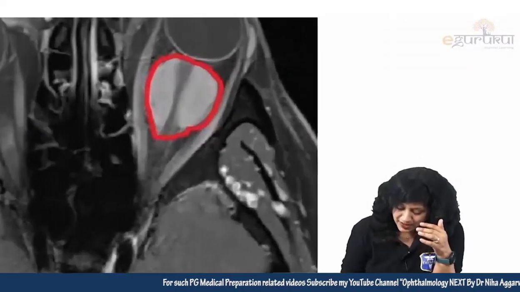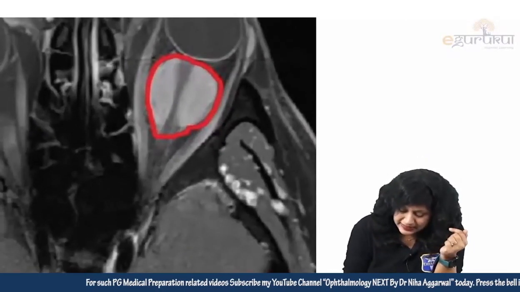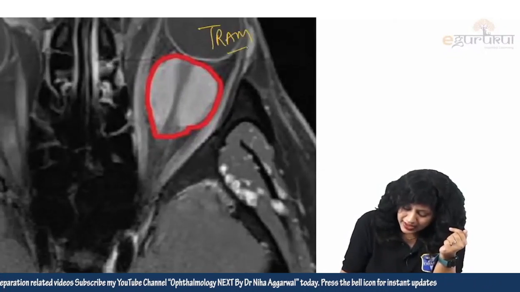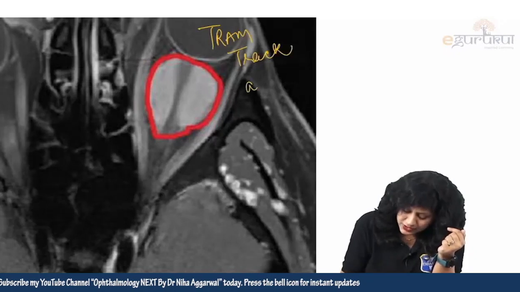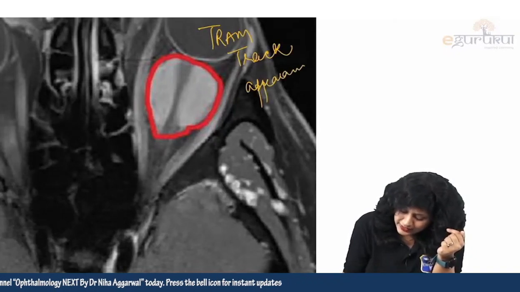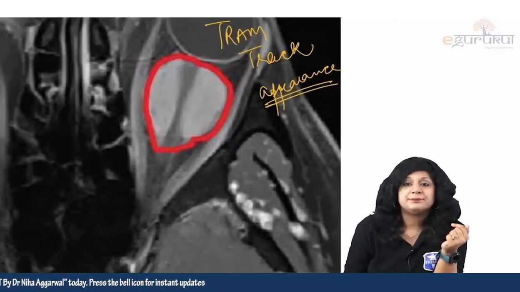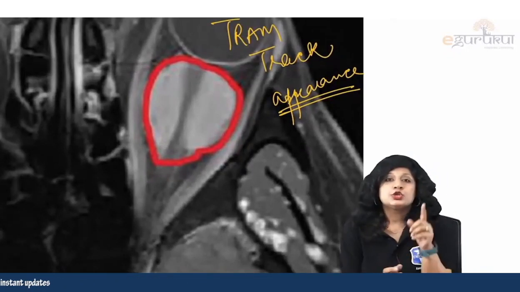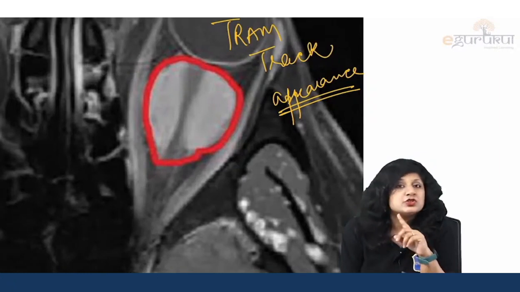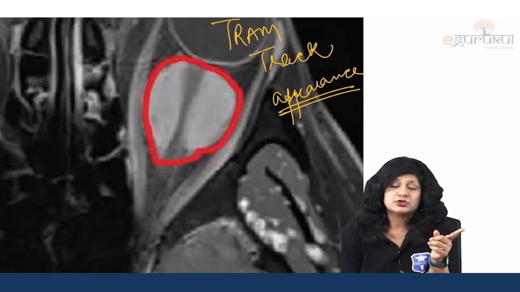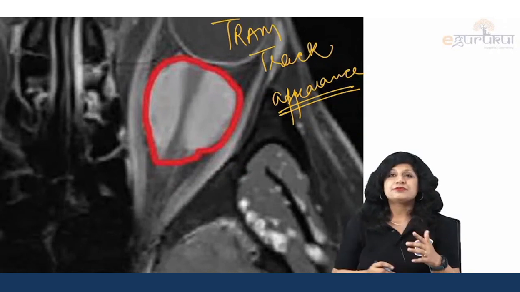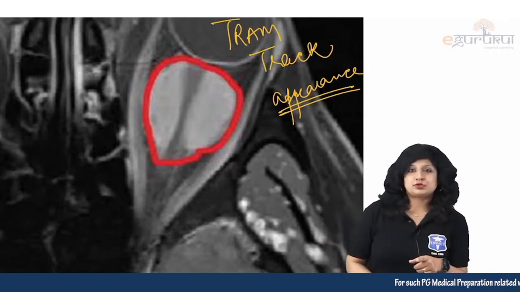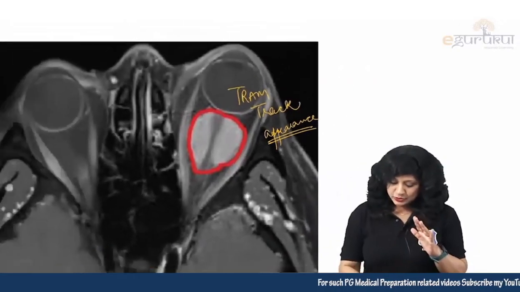In the meningioma, we typically get the tram track appearance, right? Dr. Rajat also told you that we get the tram track appearance, and this is by far the best image available of the meningioma. You are getting this kind of appearance which is not there in the optic glioma. So you have to be very, very clear. Plus, if there is an optic glioma, you will get the associated features of neurofibromatosis also. So that should be very clear.